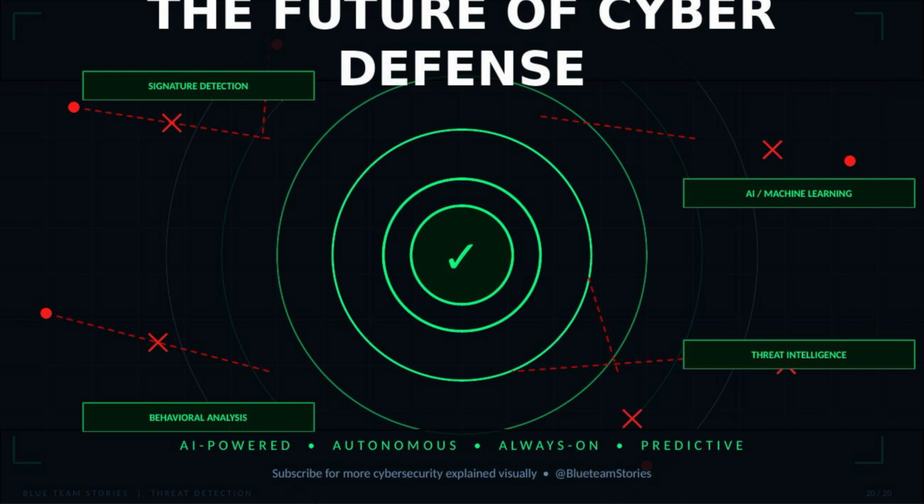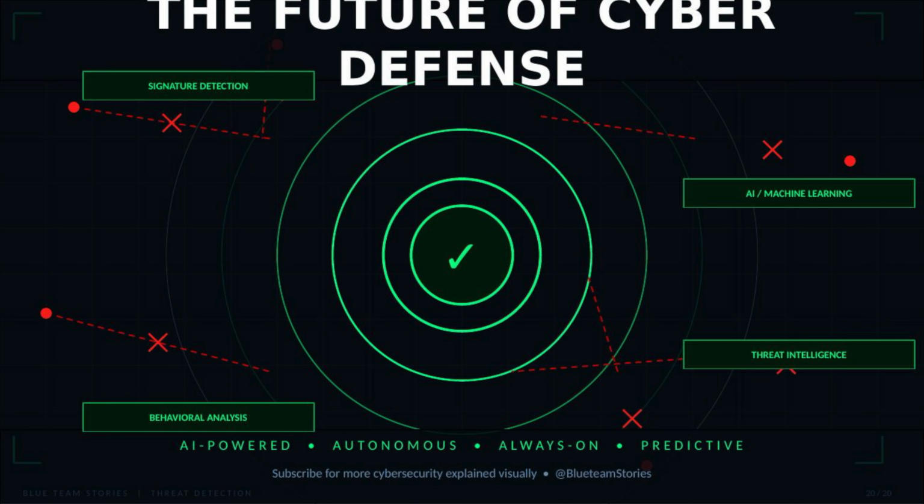The future of cyber defense. Cyber threats continue to evolve rapidly as attackers become more sophisticated and automated. To defend against these modern threats, organizations are increasingly relying on artificial intelligence, behavioral analytics, and automated response systems.